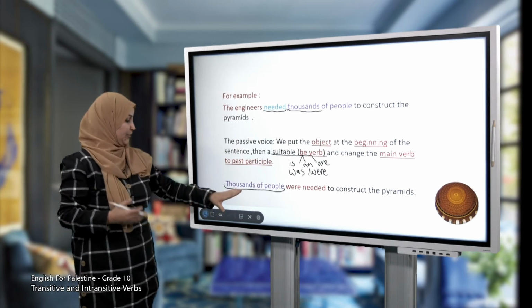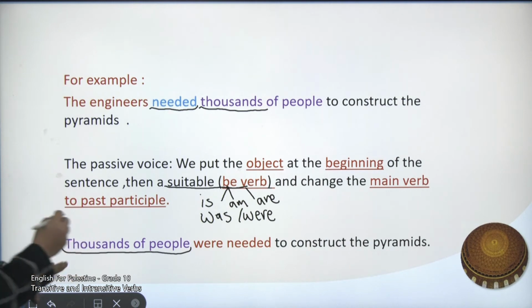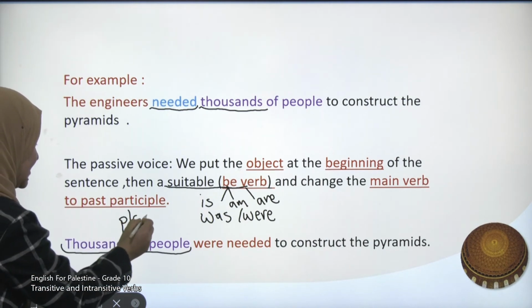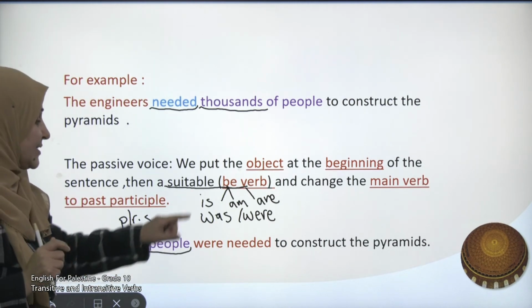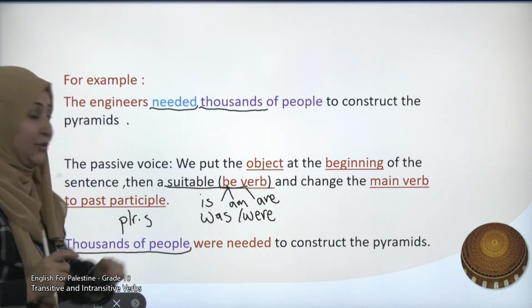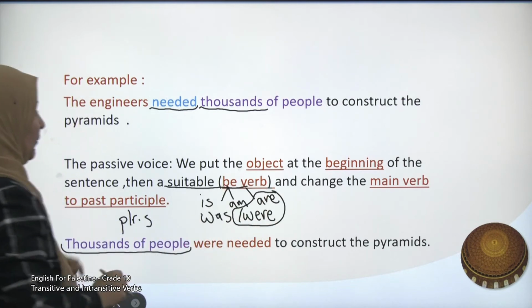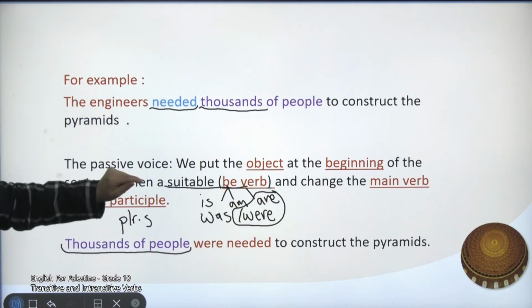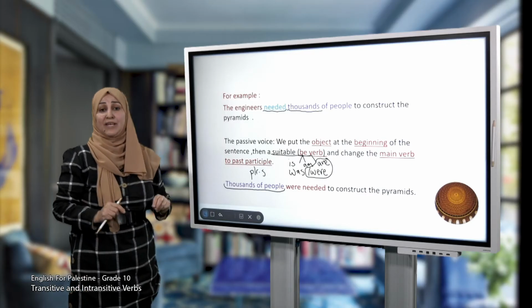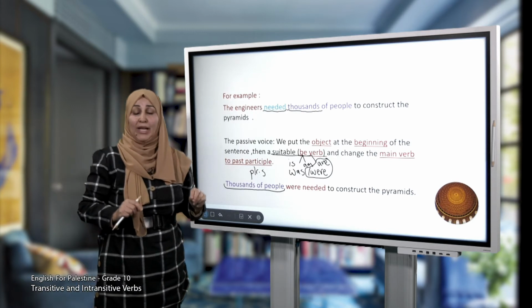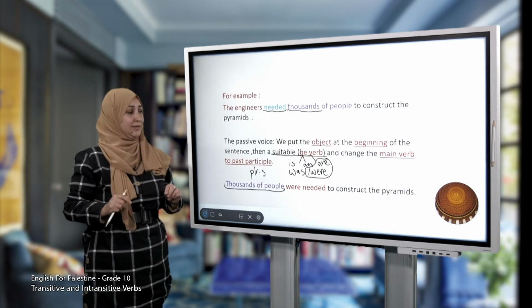I go to the new subject. It's thousands of people and we have a plural subject. So we are going to the plural members, which are are and were. Then we return to the main sentence, which is the engineers needed. So the main verb now will help us to choose the most suitable one.